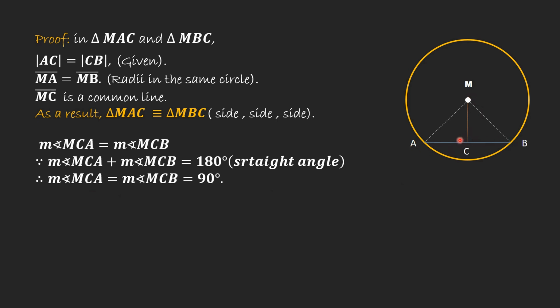So we have proved that because the angle MCA is 90, and the angle MCB is also 90, therefore this line MC is a perpendicular line on AB, and we proved that theorem.